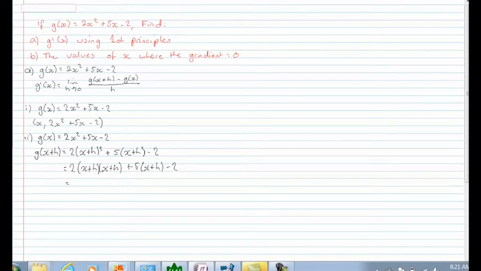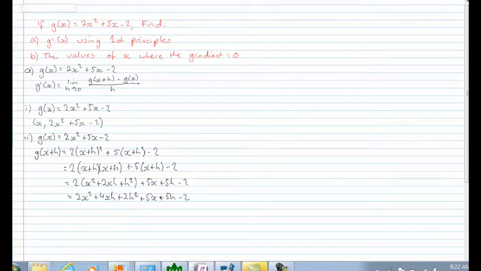Alright, expand that out again. So 2 x squared plus 2xh plus h squared plus 5x plus 5h minus 2. And finally expand this out again. 2x squared plus 4xh plus 2h squared plus 5x plus 5h minus 2.